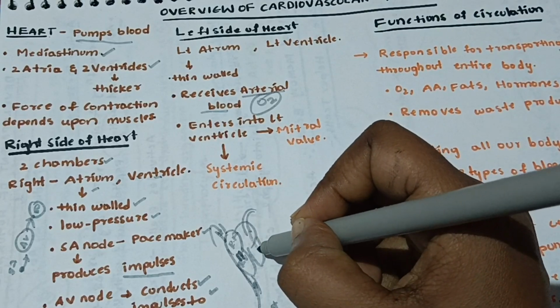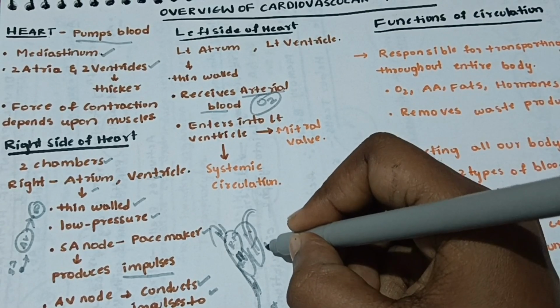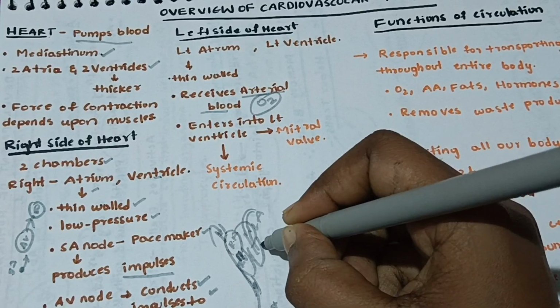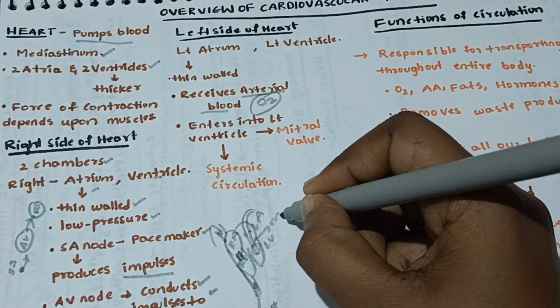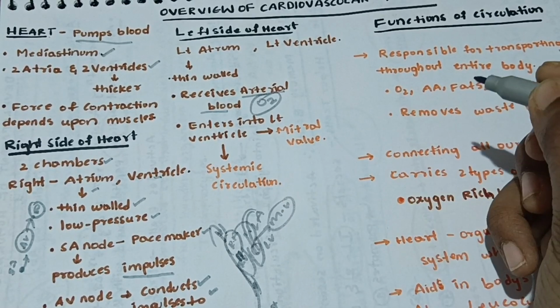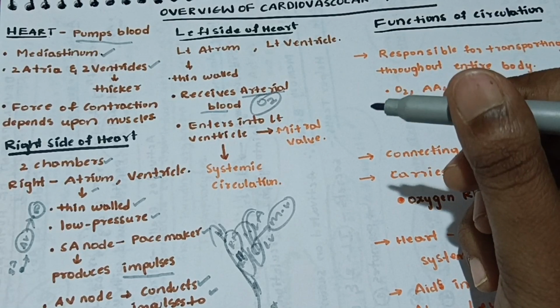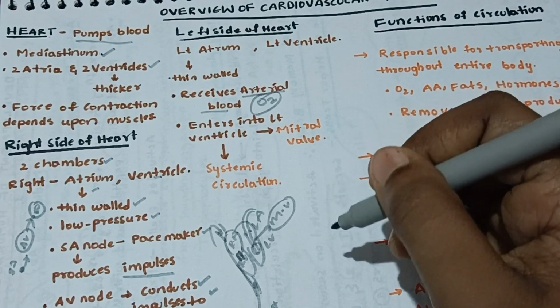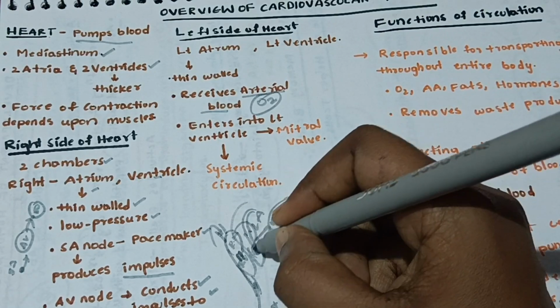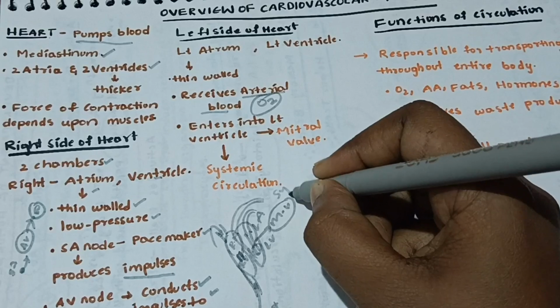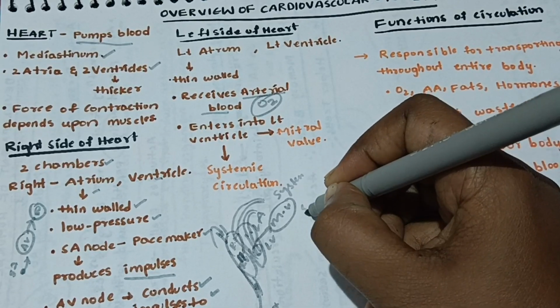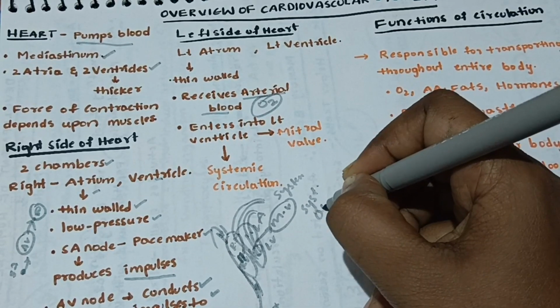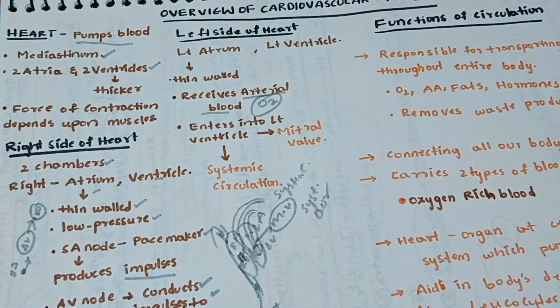This oxygenated blood enters the left ventricle through the mitral valve. From the left ventricle, it enters the systemic circulation through the systemic aorta. This is the left side of the heart.